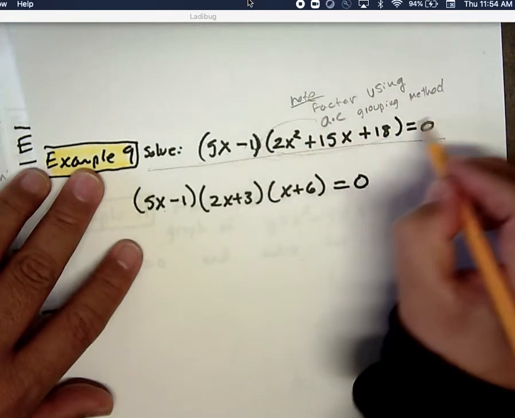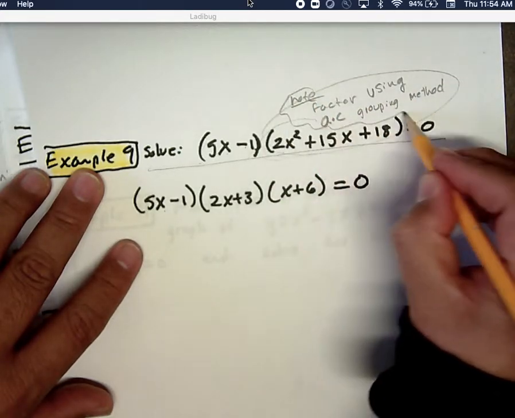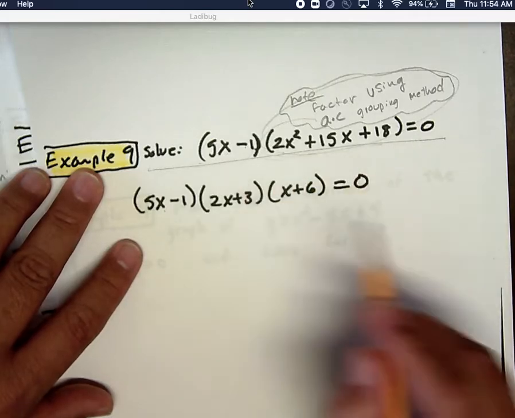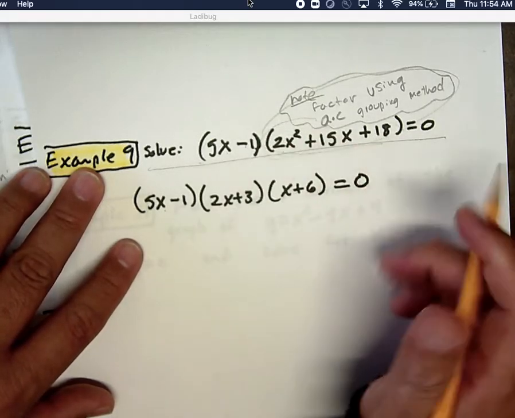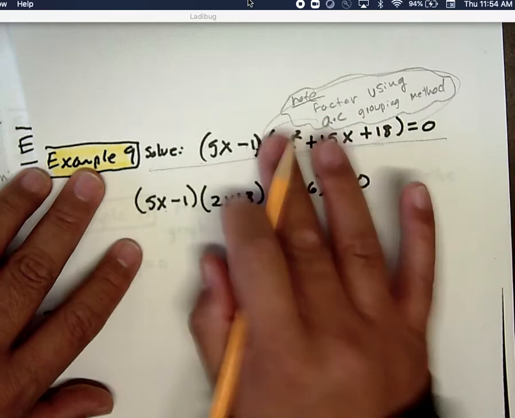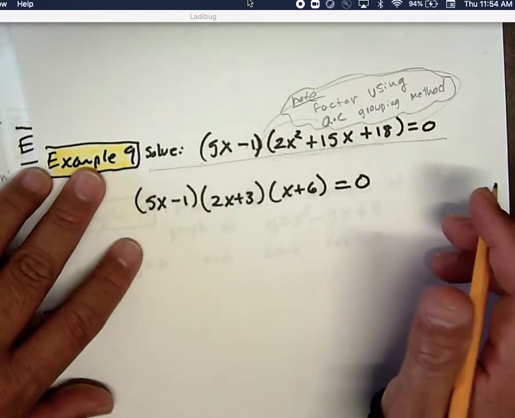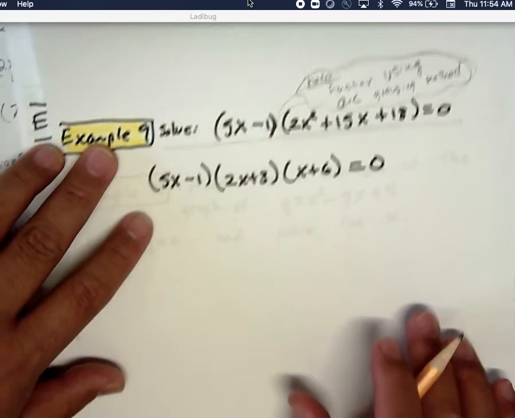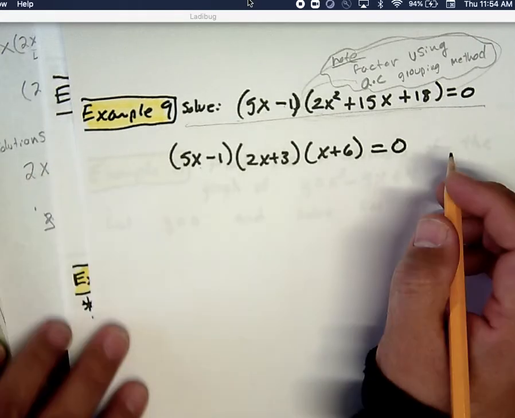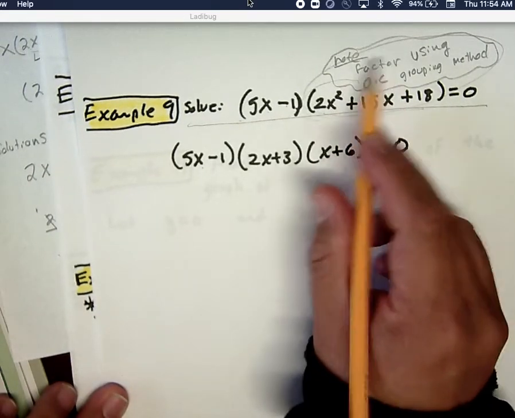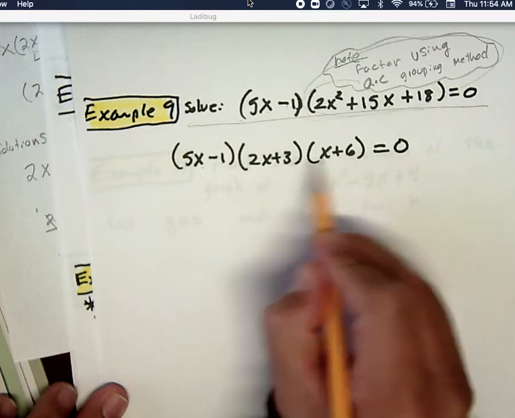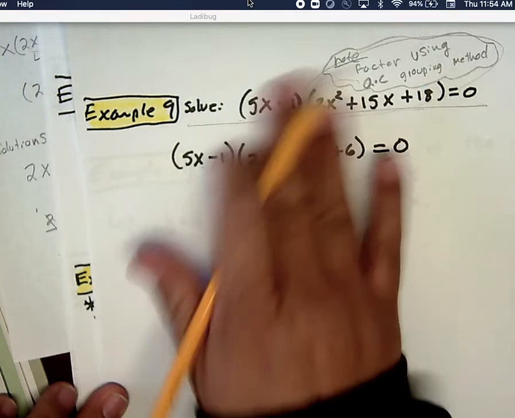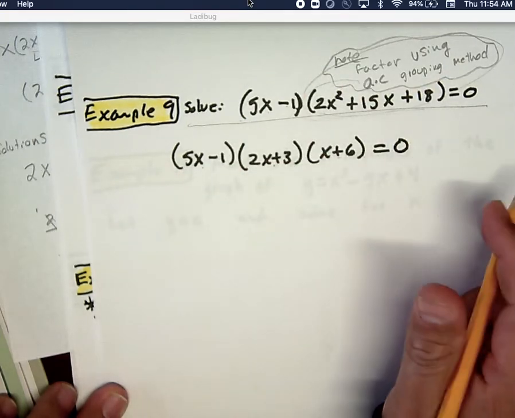So this would be done for this quadratic expression here, or this polynomial, however you want to call it. When I did this, I got these 2 factors here. So for this question, you're going to have 3 factors.